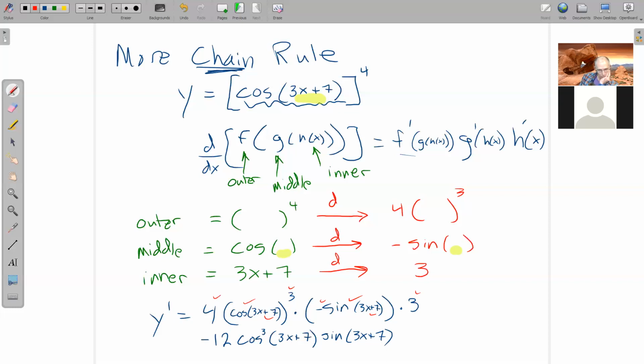Not really. There is an identity, like there's identities for squares of trig functions, there's identities for cubes, but that turns it kind of into a product and a sum, which I think would make this worse. So I'm leaning toward that is the simplest thing we're going to get.